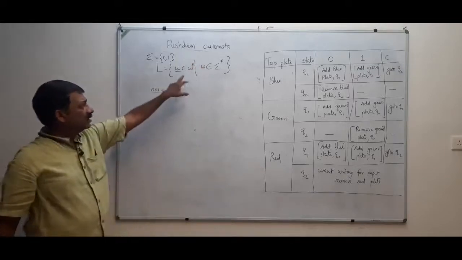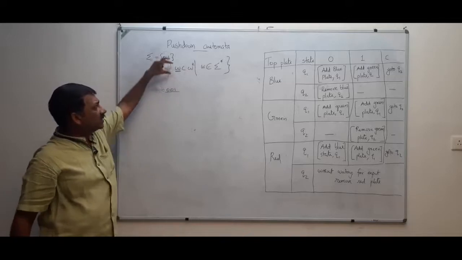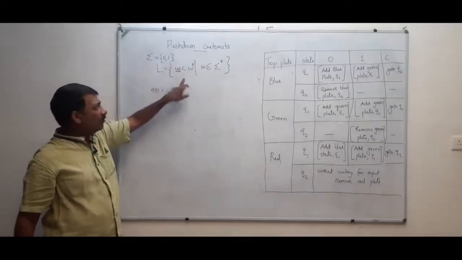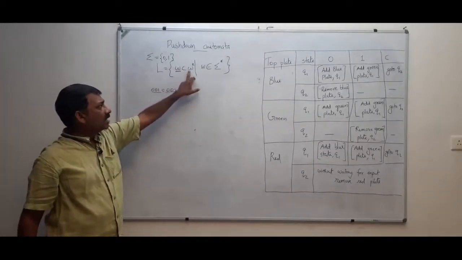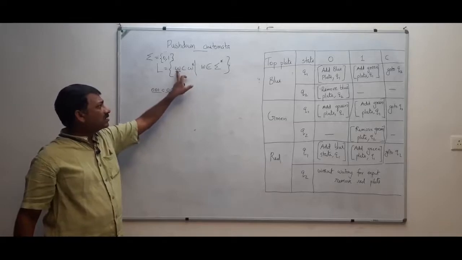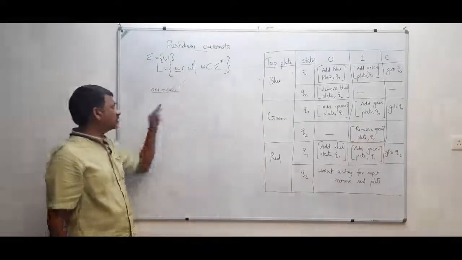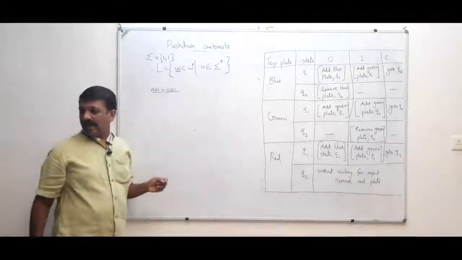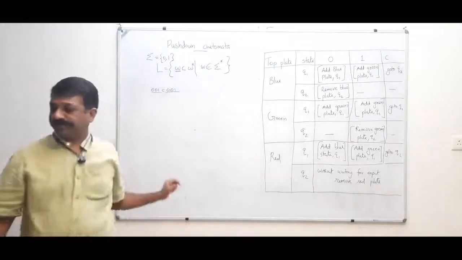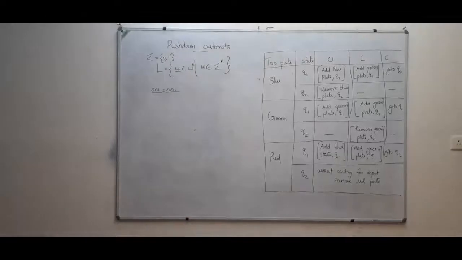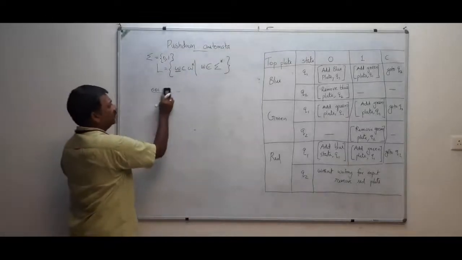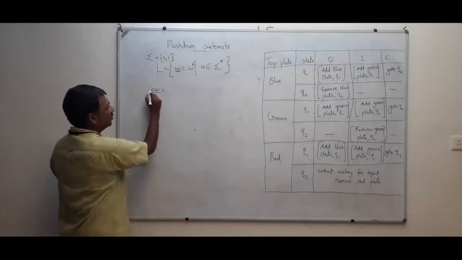That means here you have a string followed by C, and this string in reversed form. For example, the language accepted here is 0, 0, 1.